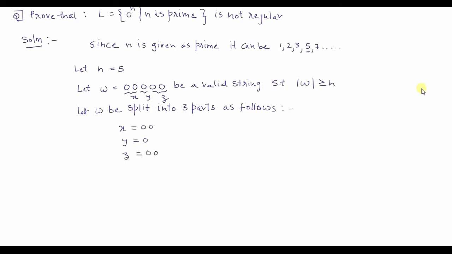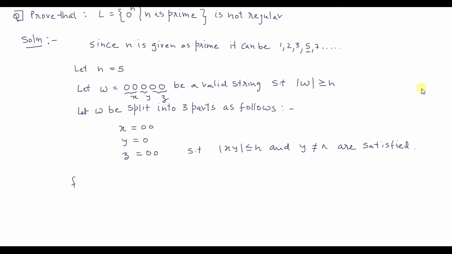So this is x, y, z. Such that the condition, that is the length of x y together should be less than or equal to n, and the second condition, that is y should not be equal to null, are satisfied. These two conditions are satisfied.